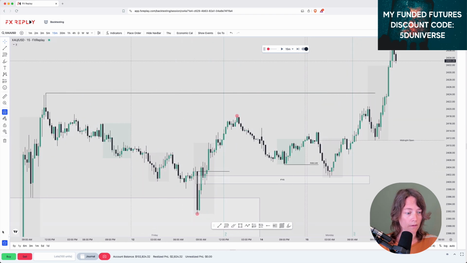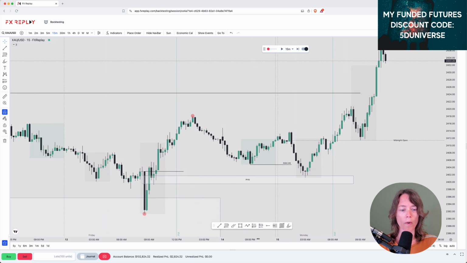Are you having the right bias? At least on a higher time frame in this case. I was looking for a daily expansion move. Then I should at least get some 4-hour expansion or at least 4-hour structure in the same direction. So it's important to know where you are in the charts. What is it showing you? What can you look for? So yeah, this was a really great trade.